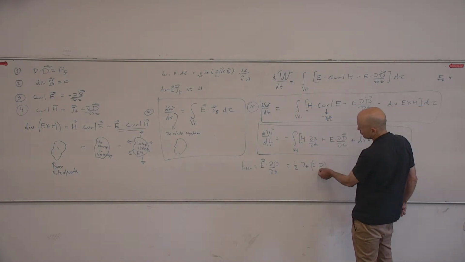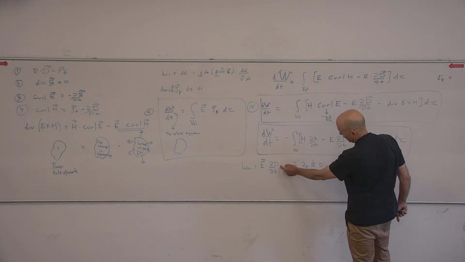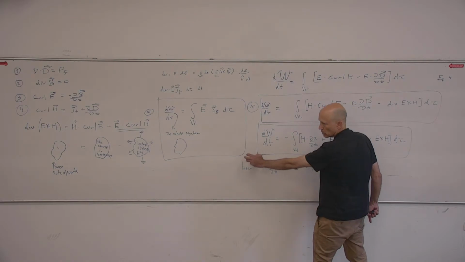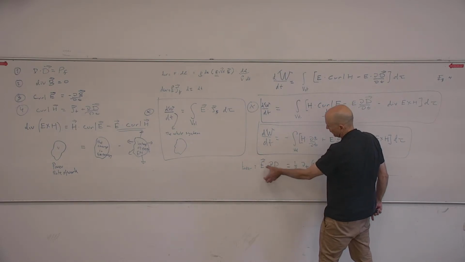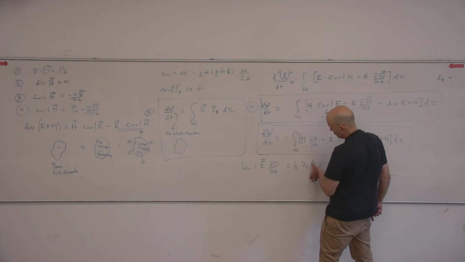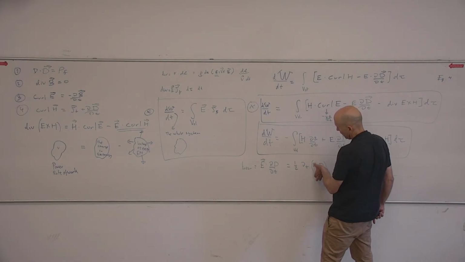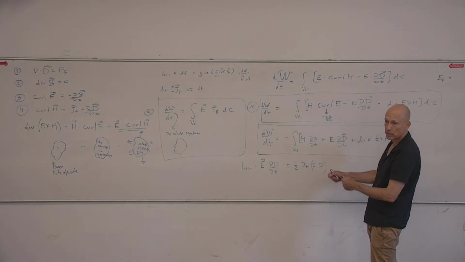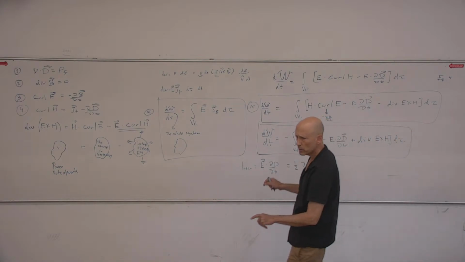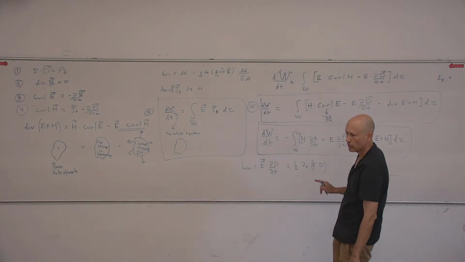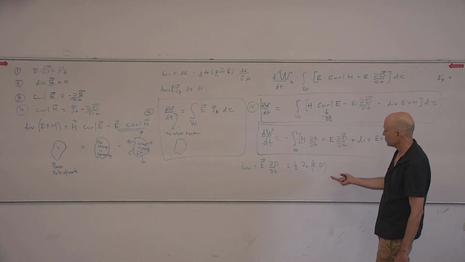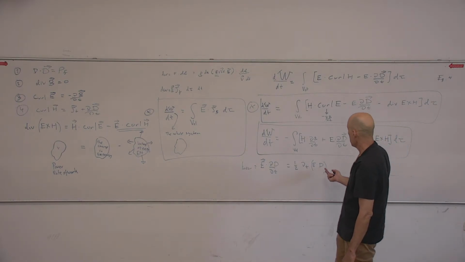Because D is proportional to E times a constant. I can put the constant outside. And then I can take the derivative of E D, and then I'll get out the 2 outside here. I can also write D explicitly with epsilon_r and epsilon_0, but this is very easy to understand if you put in the definitions of a linear material.